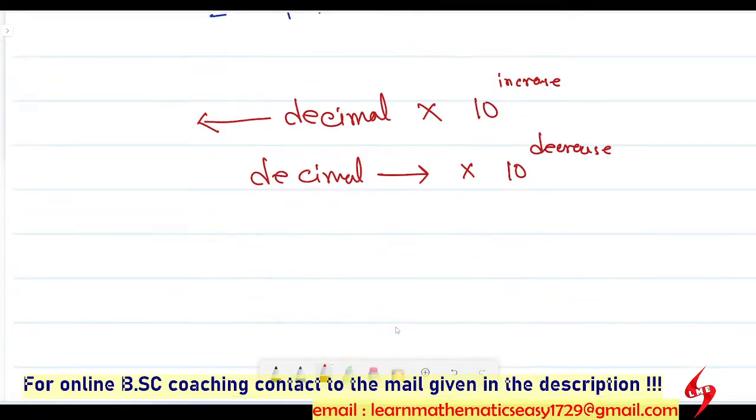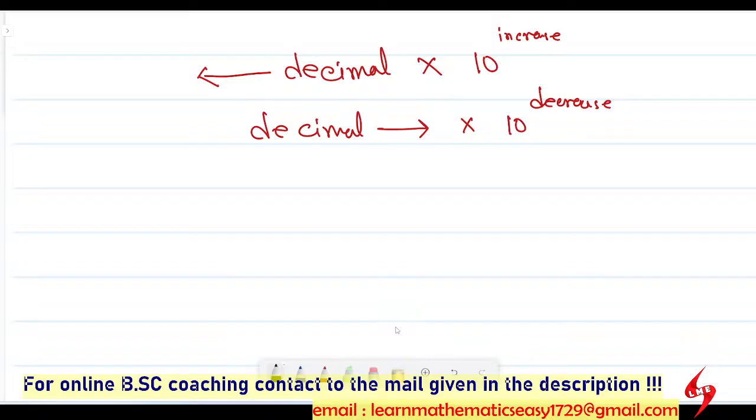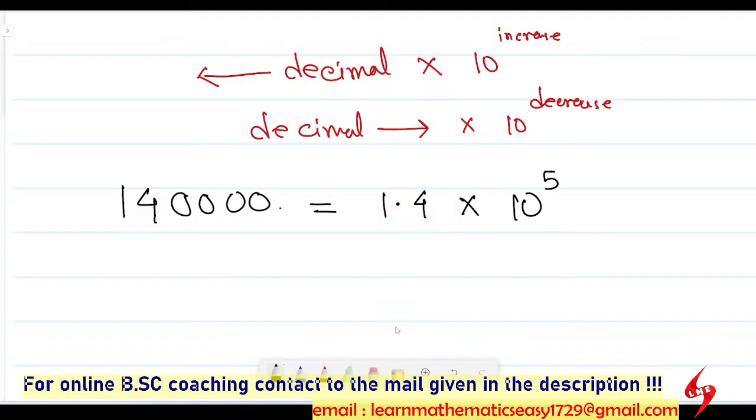Always remember. So here, this is my number. Because there is no decimal written, that means the decimal is at the end. So here the decimal goes 1, 2, 3, 4, 5, 5 steps. So this is 1.4, and how many steps the decimal goes, the power will increase by that, that is 5. Okay, this is the direct process.